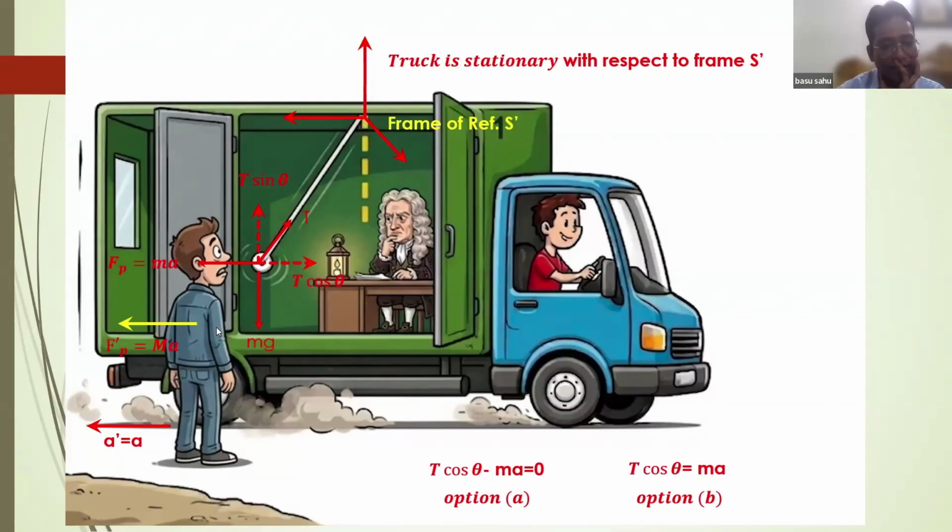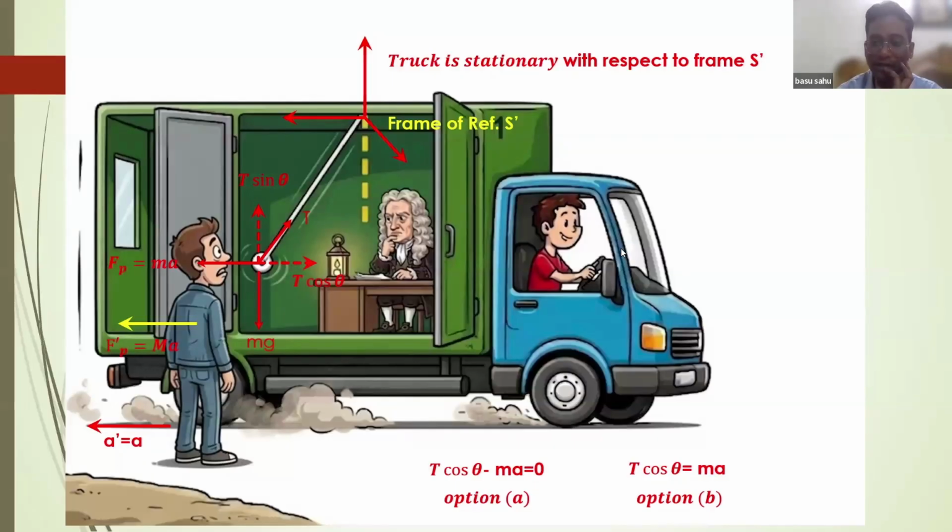A pseudo force is acting on the man, that is F dash P is equal to ma, and this force is causing the motion of the person in this direction. And here the acceleration observed by this S dash frame, A dash, is equal to A. The equation will be F dash P.